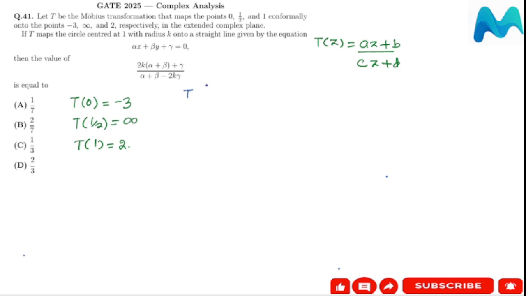T(0) will be equal to b/d, which implies b is equal to -3d.